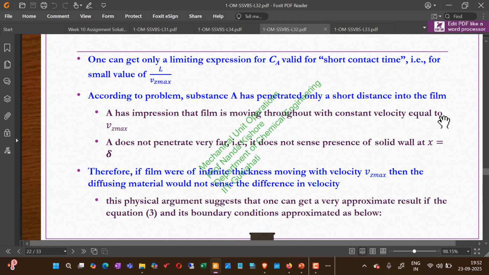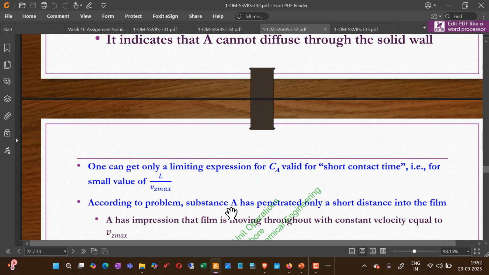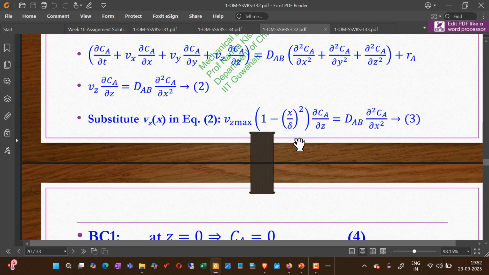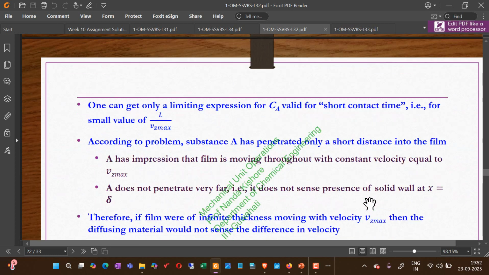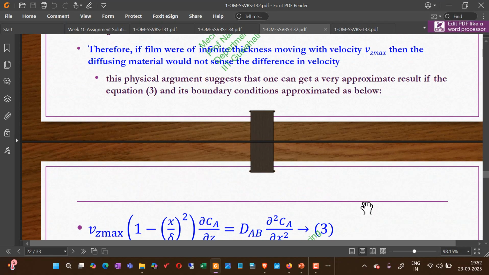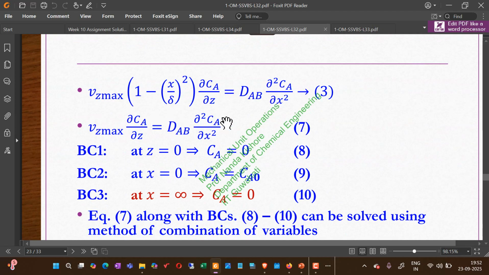So it is an assumption, and this physical argument suggests that one can get a very approximate result if equation 3, which is this one, and its boundary conditions are approximated as below.